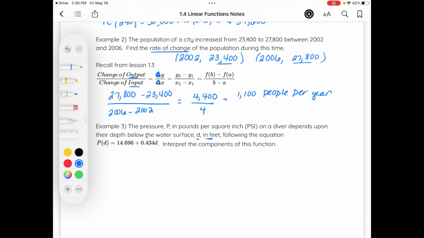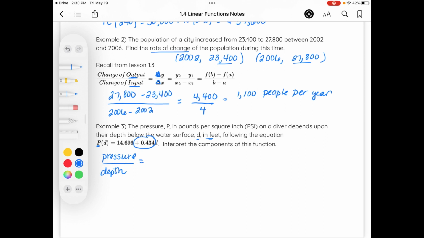So let's first look at the slope itself here, this 0.434. This is giving me the change in pressure, because that's my output, dependent upon my input depth.